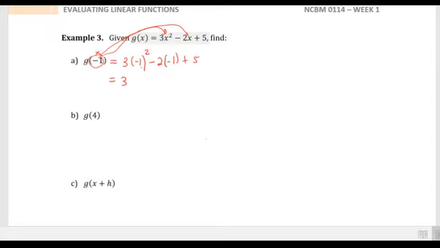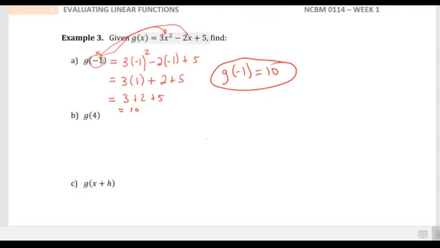So we end up with 3 times negative 1 squared is 1. Negative 2 times negative 1 is positive 2. And then we have plus 5. So 3 times 1 is 3 plus 2 plus 5. So 3 plus 2 is 5 plus 5 is 10. Therefore, g of negative 1 is equal to 10.